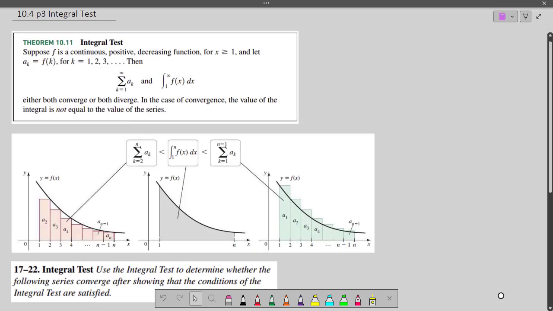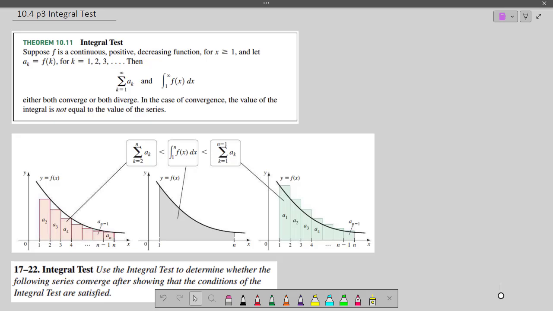Okay. So this is our first real test. So far, we've had geometric series, which is more of a pattern than a test. It's a type of series. We've had the telescoping series. Same thing. It's not really a test. It's a type of series.